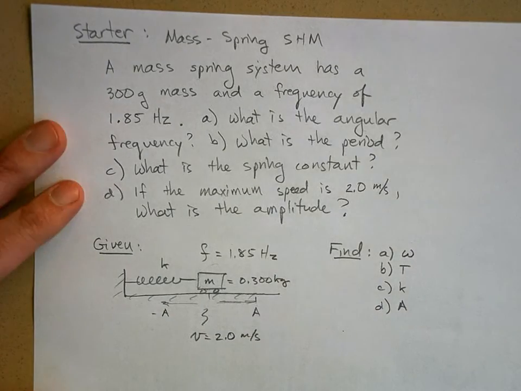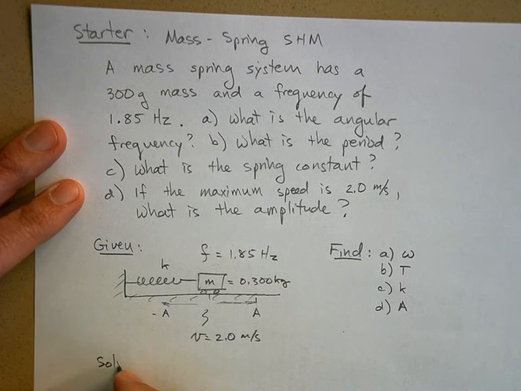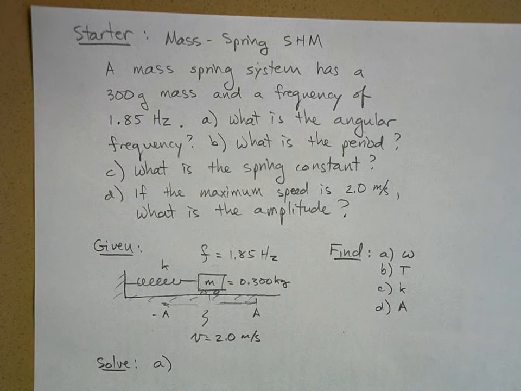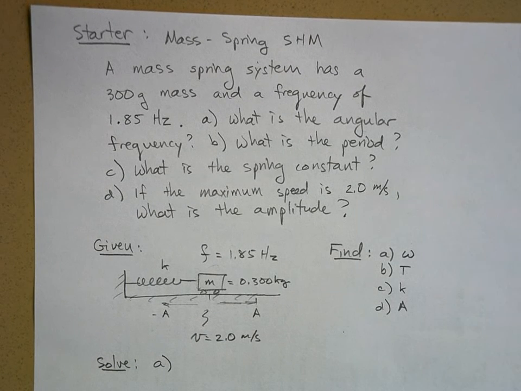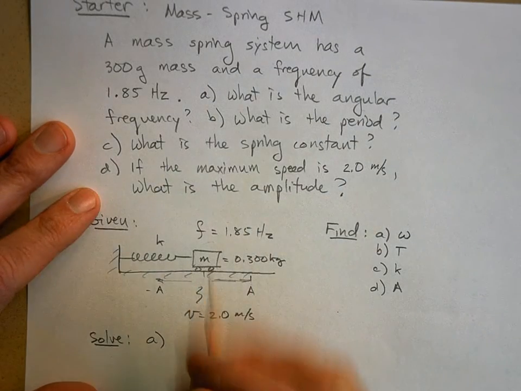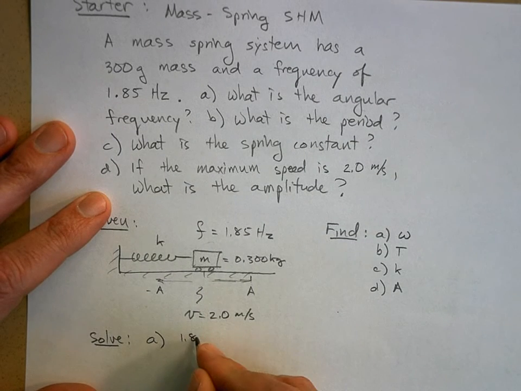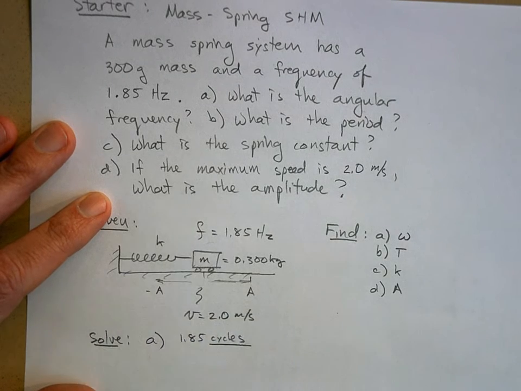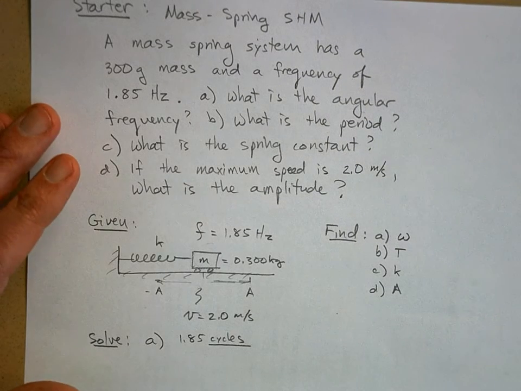Okay, so let's solve. Part A, well, the angular frequency is in radians per second, and regular frequency is in full cycles per second. So I'm going to write this down, 1.85 cycles or oscillations, however you want to think of it. If it's a wheel spinning, it's rotations.